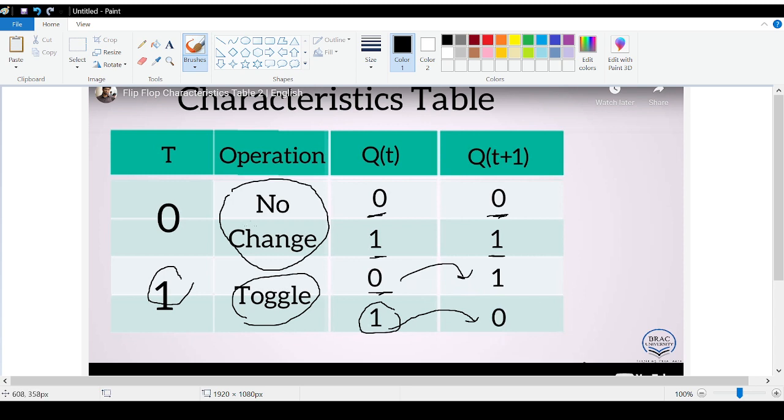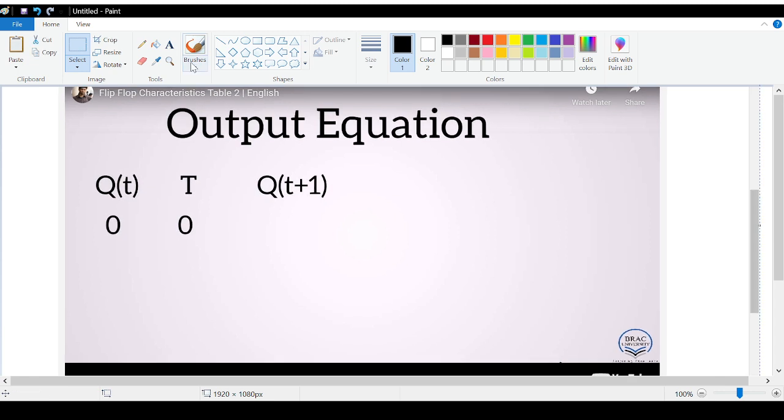If I want to write the output equation, my output, that is my next state, will depend on my current state and the value of T. So it can be 0, 1, 0, 0, 0, 1, 1, 0, 1, 1. So you tell me, if my current state is 0 and T is 0, what will be my next state? 0. It will remain unchanged, right?